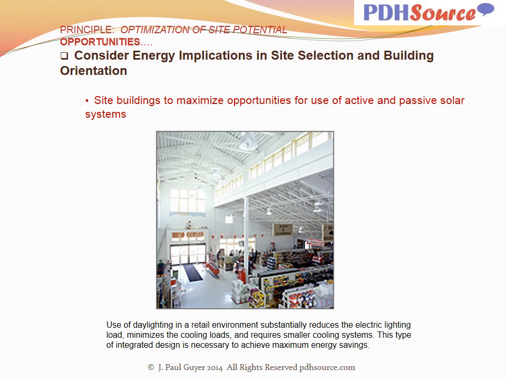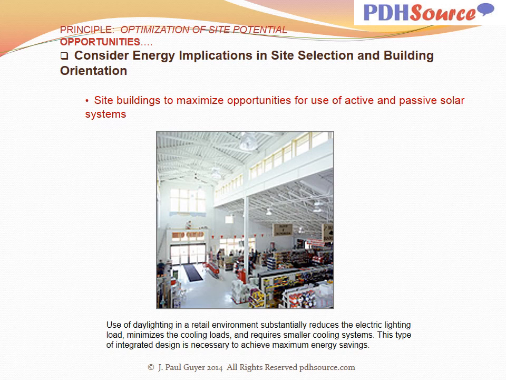This is an illustration, of course, of the daylighting option, something that we're seeing more and more, as you see in this photo, as a feature in big box type retailing facilities.